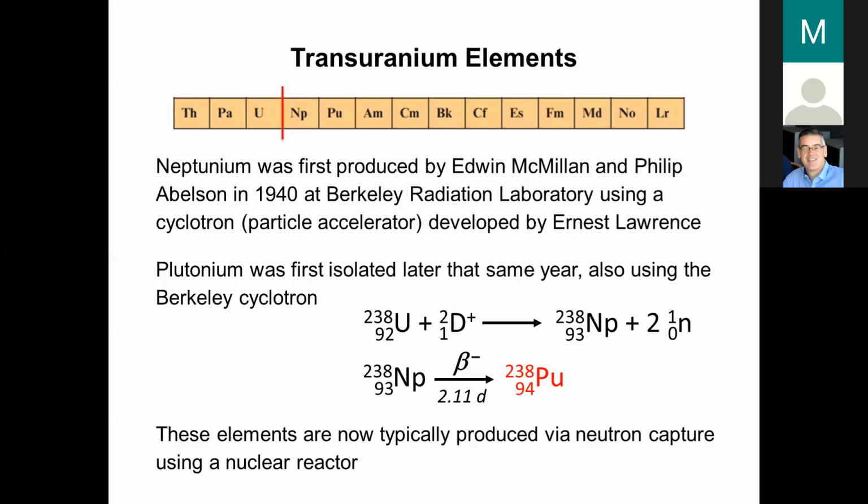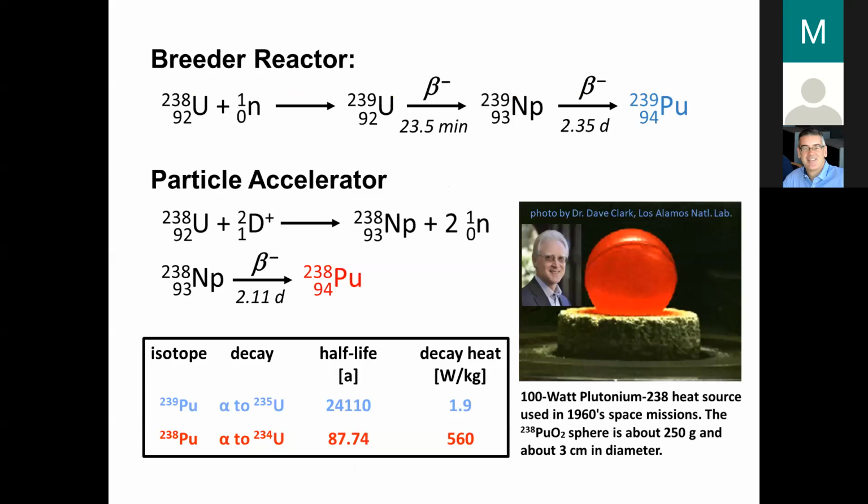A so-called breeding reactor reaction would be to use uranium-238 as a target again, which can then absorb a neutron from the reactor to form uranium-239, which can then undergo beta decay to form neptunium-239, which then gives rise to plutonium-239.